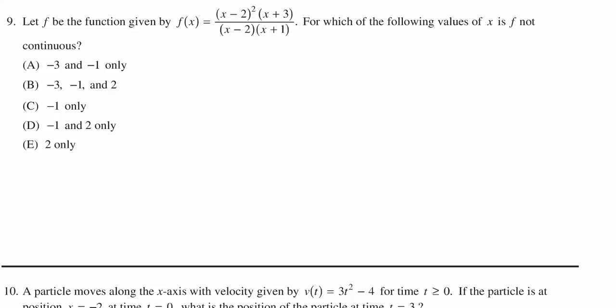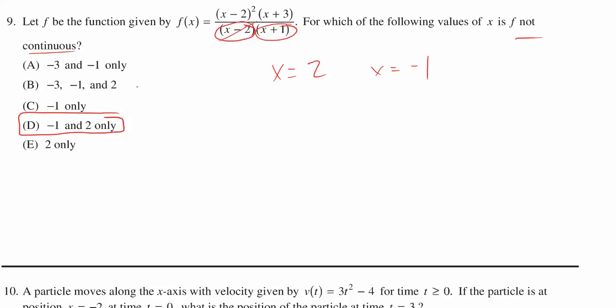Number 9. We've got a function. For which of the following values is f not continuous? So we look at denominators. At 2 and negative 1, something is happening. And the thing is, there's actually going to just be a hole at 2, but it's still not continuous.